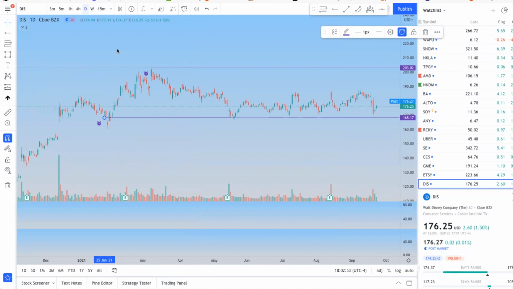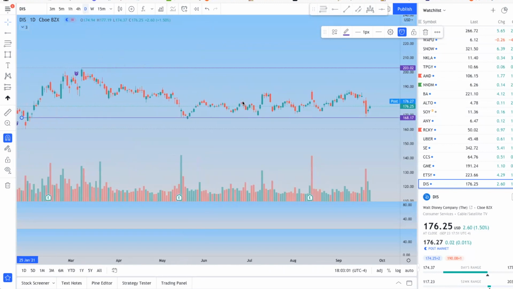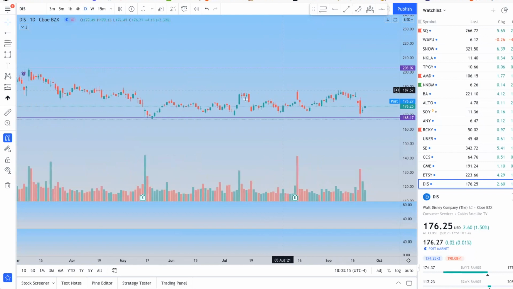Right now, let's say we want to do a swing, because let's not do day trading yet. Yeah, let's do a swing. If you do a swing, I won't look at anything prior to the last couple of months, and that's already almost too much. But anyway, right away, what you see is the same stuff, right?